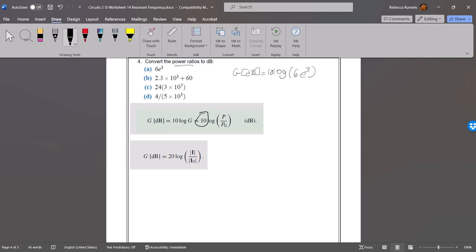The log of a product is the same as the sum of the logs. So this is the same as 10 times the log of 6 plus, and exponents can come down in front of the log, 3 log of e. And if I do that, that's 10 log 6 plus 30 log e.